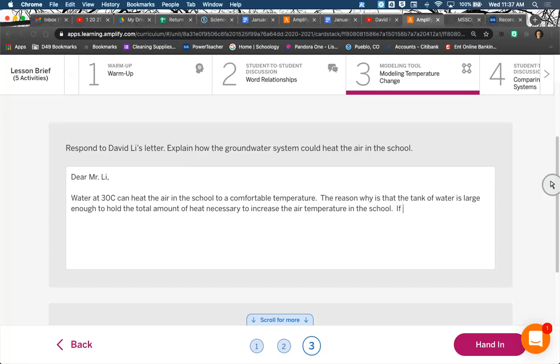We'll go on to say if the system is balanced, the temperature of the water and air will be the same at the end of the day when the system has reached equilibrium.